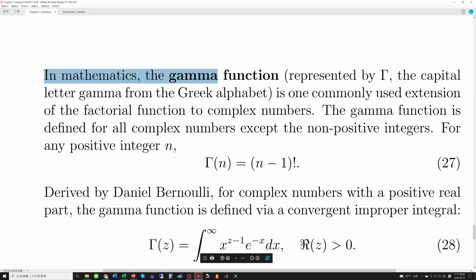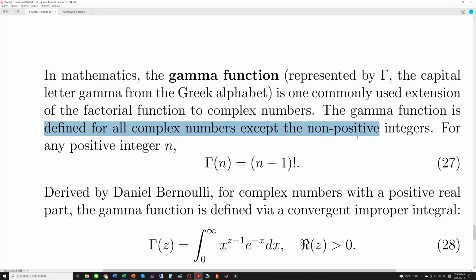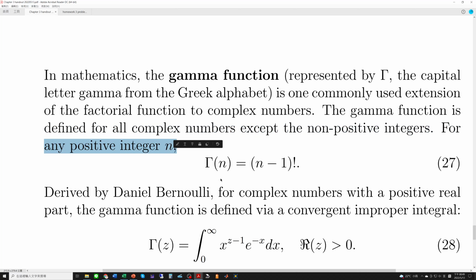In mathematics, the gamma function, represented by the capital letter Gamma from the Greek alphabet, is one commonly used extension of the factorial function to complex numbers. The gamma function is defined for all complex numbers except the non-positive integers. For any positive integer n, gamma of n is equal to (n minus 1) factorial.